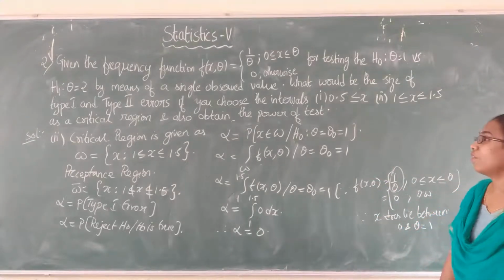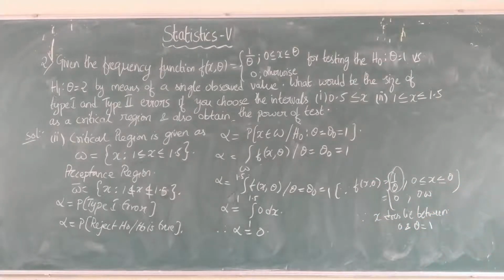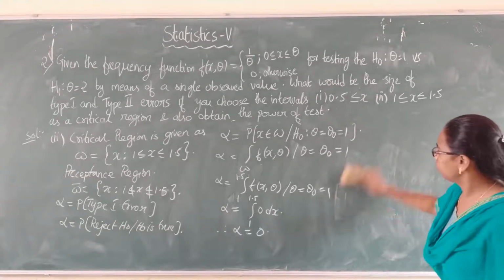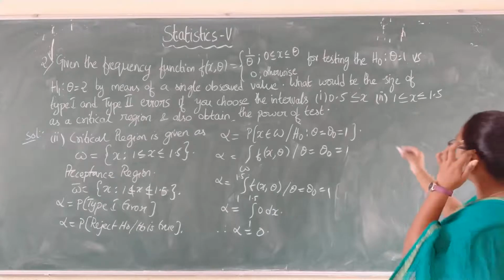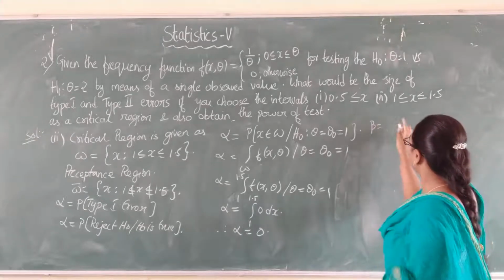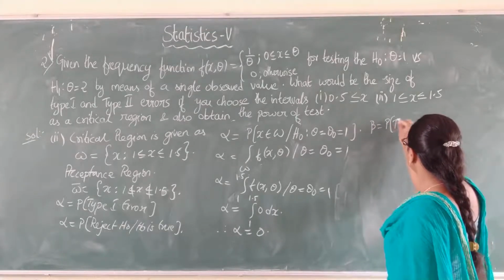So now we will find the probability of type 2 error. So note down this one, note down the since part also. Since x does not lie between 0 to theta equals to 1, f of x comma theta equals to 0. Now we find the beta, that is probability of type 2 error.